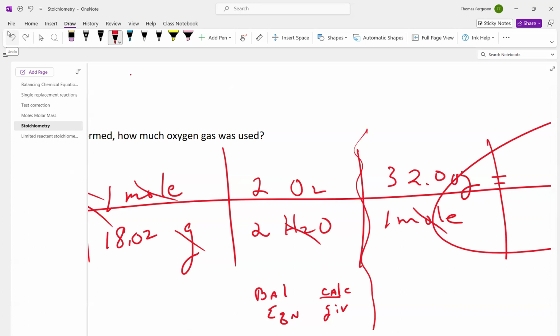All stoichiometry problems have three parts: a given converted to moles, a mole-mole ratio from the balanced equation, and then we go from moles to what we're trying to calculate. That's three ratios, every single one.